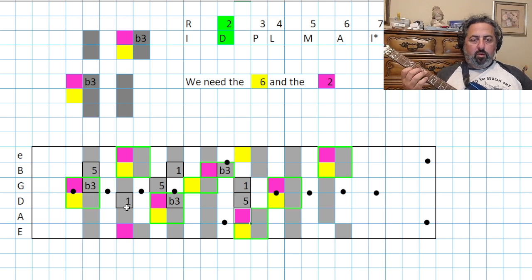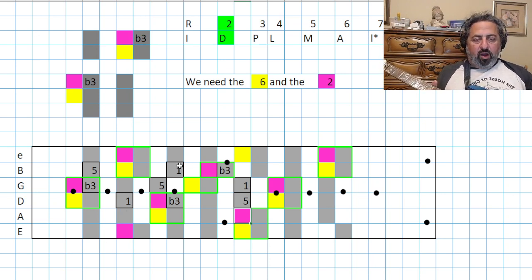For resolve. So if I'm up here, where's my box? Well, I'm playing this triad shape right here. So my box, my third, is at the top.